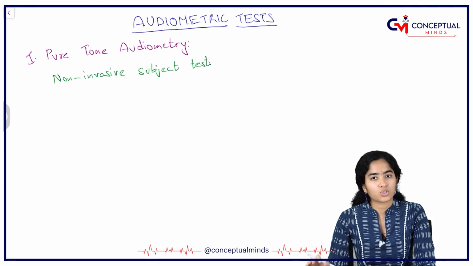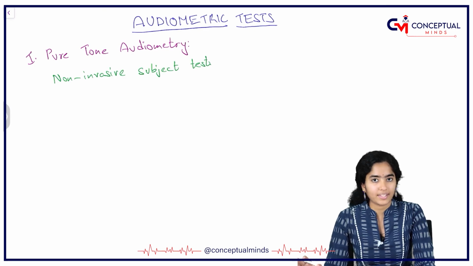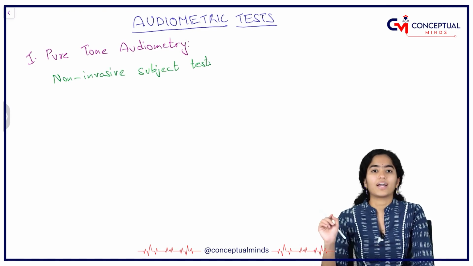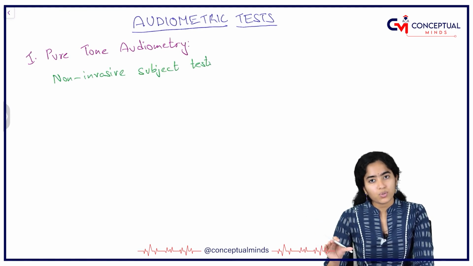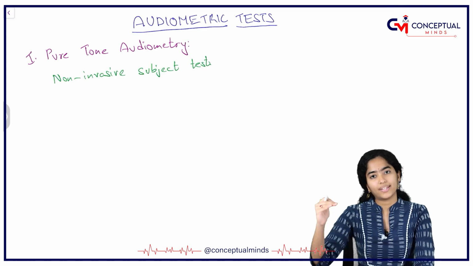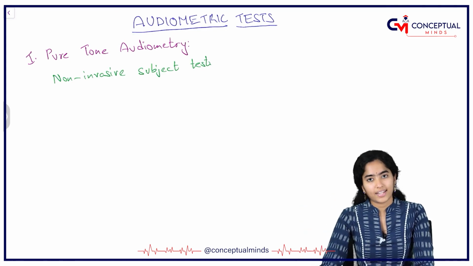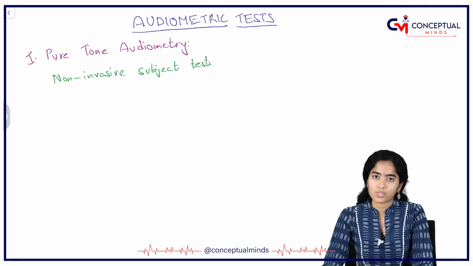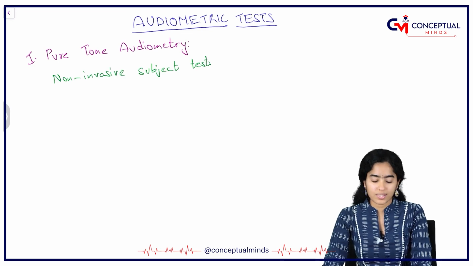You can select the tone. Tone means frequency measured in hertz. So if I select 512 hertz, it will produce sounds only of 512 hertz at various intensities. If I select 1000 hertz, it will produce sounds only of 1000 hertz. So single frequency sounds are called as pure tones.